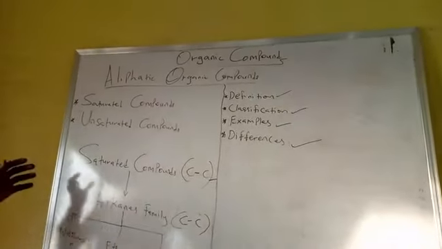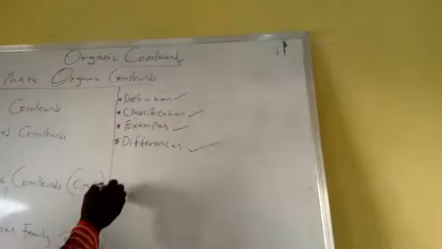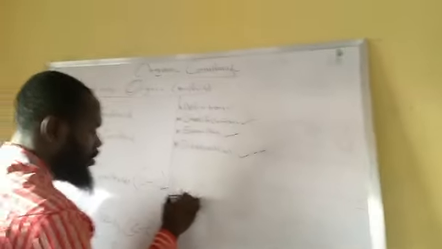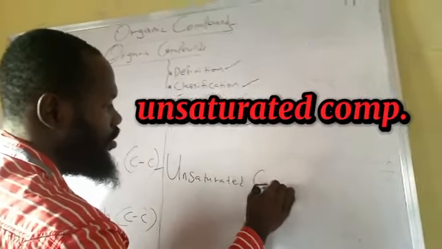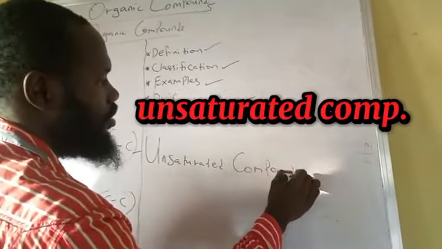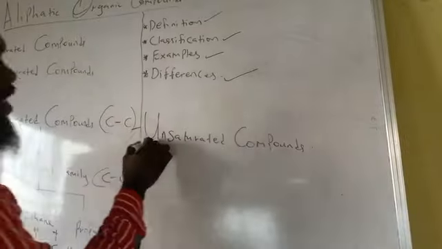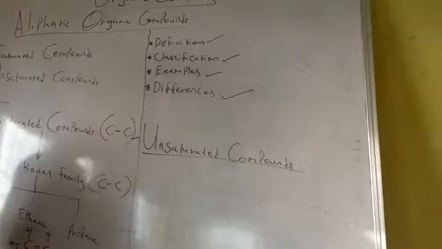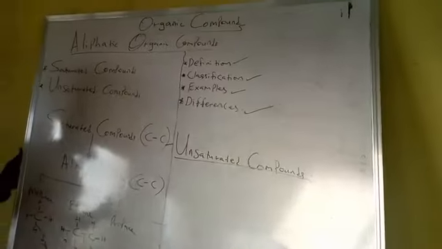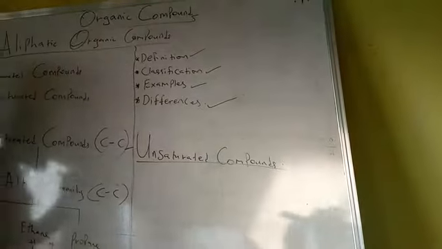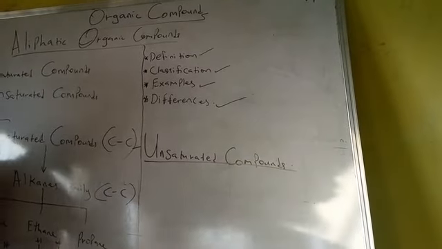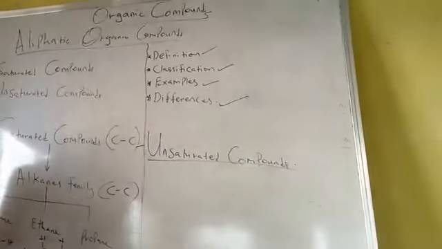Now, we move to the unsaturated compounds. So what are unsaturated compounds? Unsaturated compounds are compounds that contain at least two bonds in their structure.